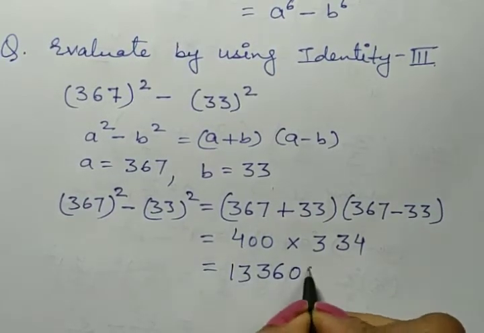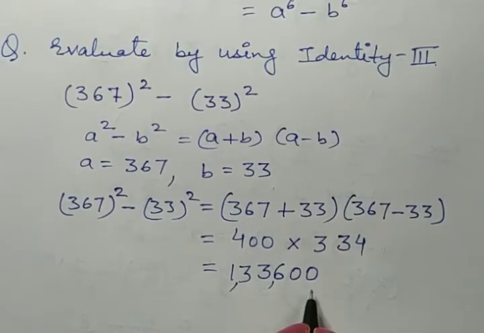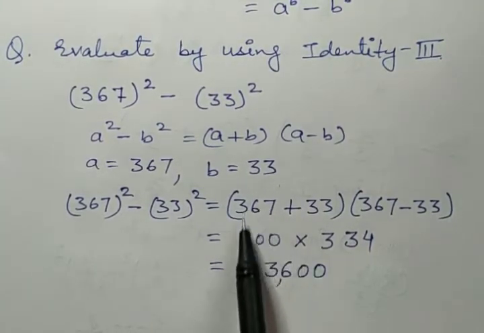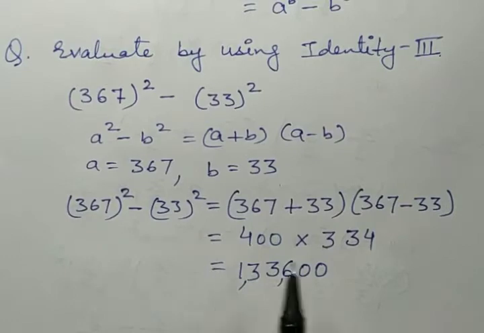And place 2 zeros in front of this. So the answer is 1,33,600. Dear students, generally इस टाइप के क्वेश्चंस में आपका एक पार्ट राउंड फिगर में आ जाता है, जैसे 400. तो आपका आंसर बहुत इजी हो जाता है एंड यू कैन फाइंड द मल्टीप्लिकेशन वेरी इजीली.